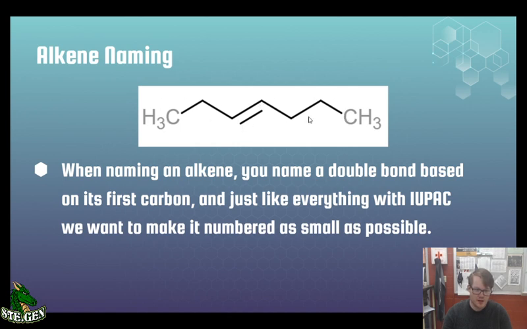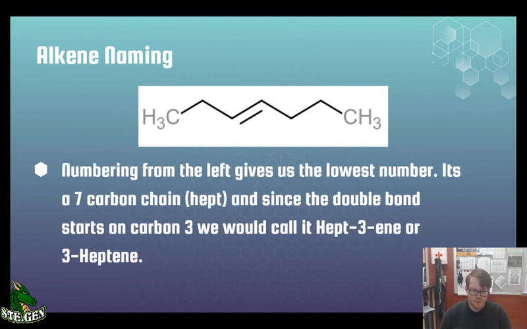So we'd number from this direction, and then we would call this a hep, but instead of it being a tane, it would be a tene, and we'd have to include that it was on carbon number 3. Saying it's on carbon 3 means it's between carbons 3 and 4. So this could either be 3-heptene or hept-3-ene. Either one of those will be fine.